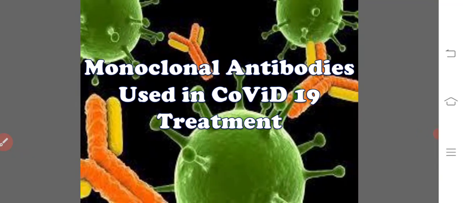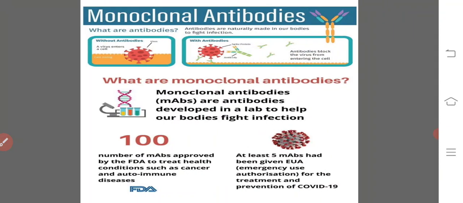Monoclonal antibodies used in COVID-19 treatment. See here, monoclonal antibodies are antibodies developed in a lab to help our bodies fight against infection. There are about 100 monoclonal antibodies approved by the FDA, Food and Drug Administration, to treat health conditions such as cancer and autoimmune diseases.